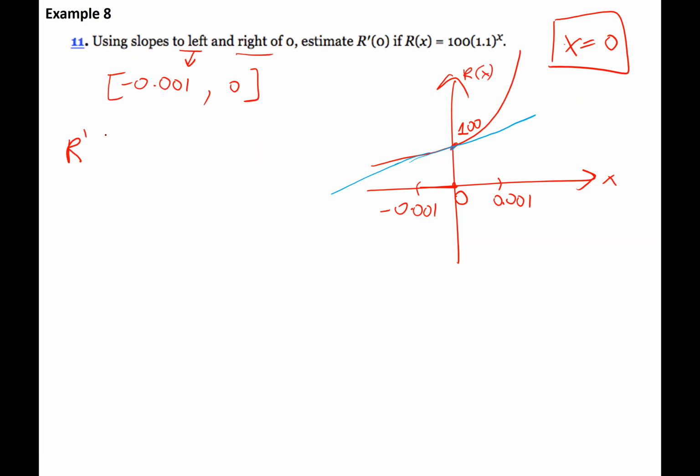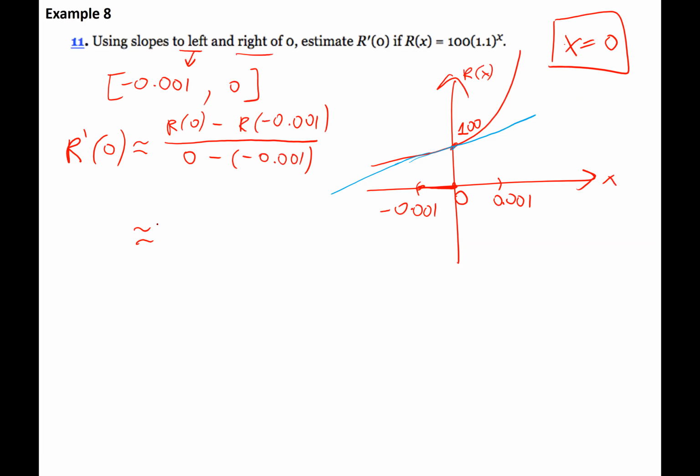The approximation of the derivative using that interval will be the value of the function at 0 minus the value of the function at negative 0.001, over 0 minus negative 0.001, which of course we will be adding, because we can see the run is just that many units.